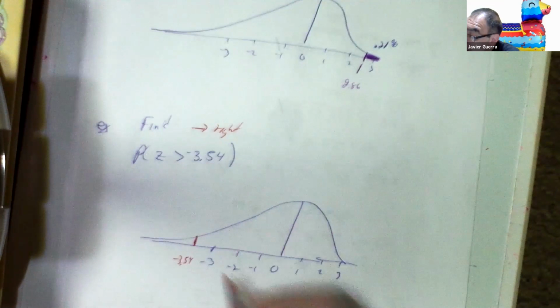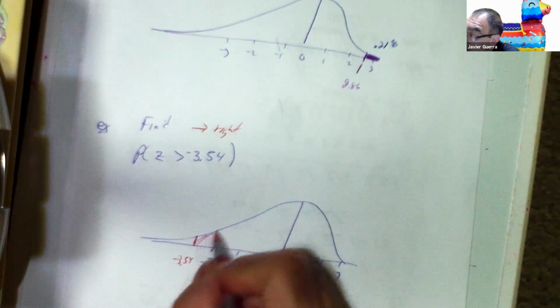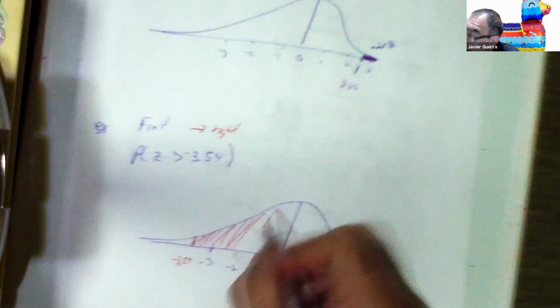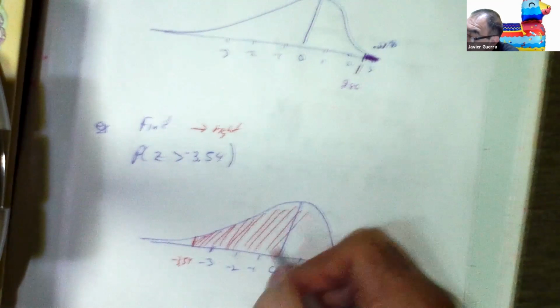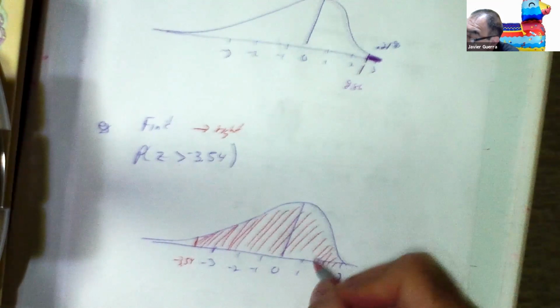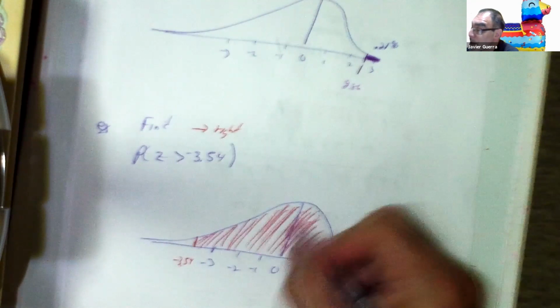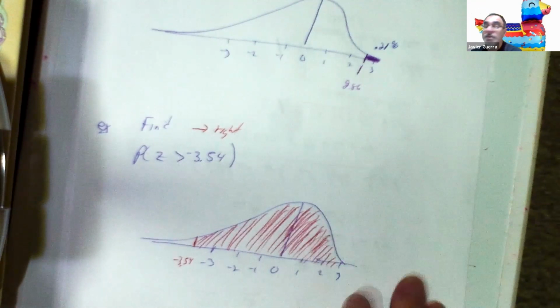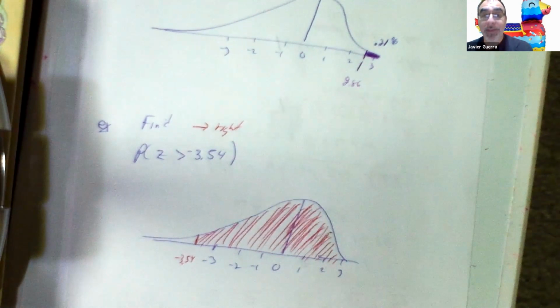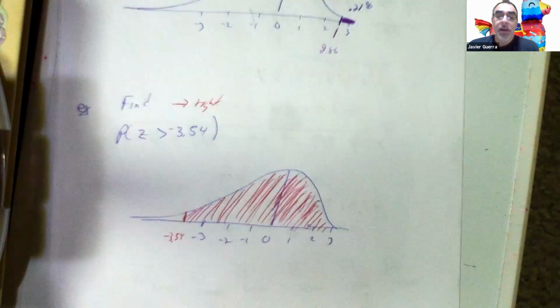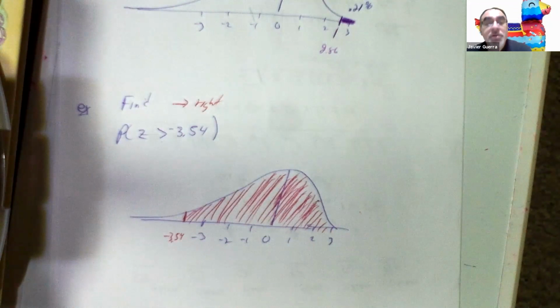So notice that almost the whole graph got shaded. So that means the area is going to be pretty big. Let's go enter it in my StatDisk.